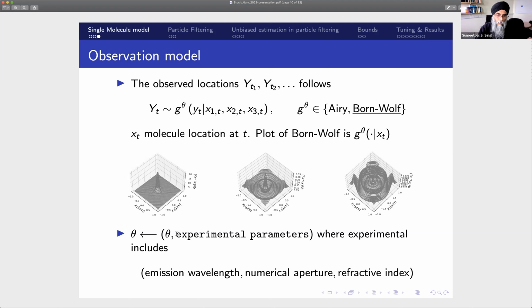So now we can augment theta, which is the motion model parameters and the parameter for the intensity of the observed process, with some more experimental parameters. The relevant experimental parameters would be the emission wavelength, some parameter to do with the microscopy instrument itself, and the refractive index. Now, these values are known, and you may be wondering why I am augmenting theta with known values and pretending they are unknown.